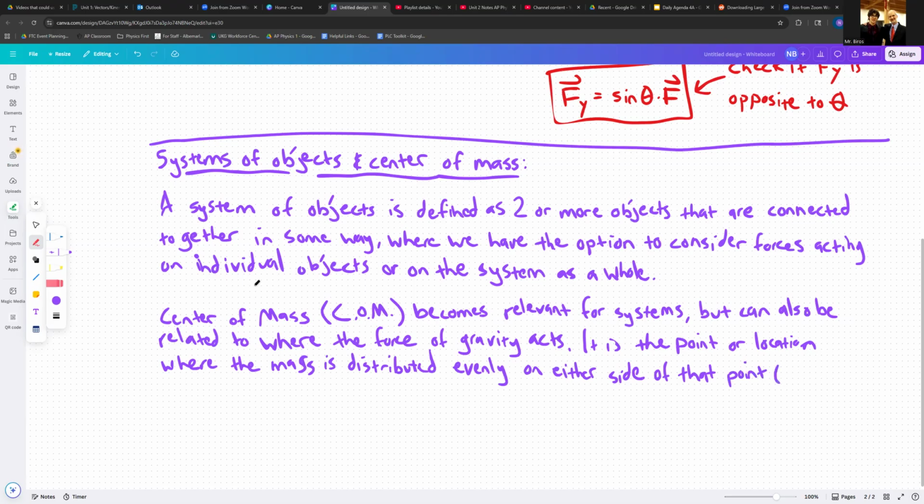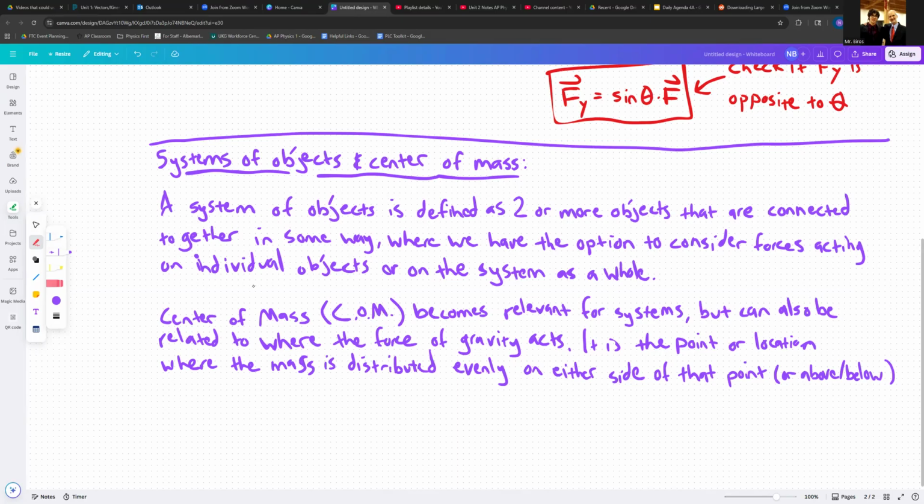Or we could add in here, above and below. So if you want to find the center of mass vertically or horizontally, we have ways to do that. We'll write those equations in just a little bit.